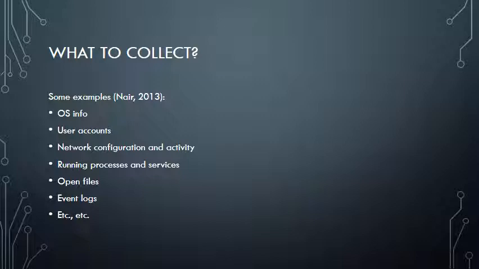Network configuration and activity, such as packet captures, information about the individual interfaces. You also need to get running processes and services. You need to list which files are currently open and active, and you need event logs, among many other things.